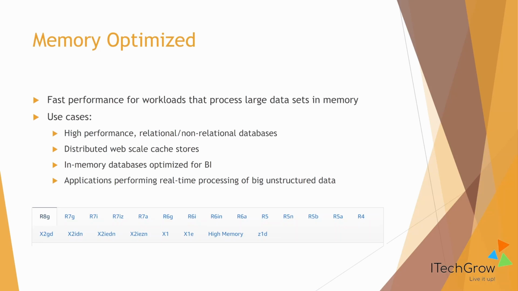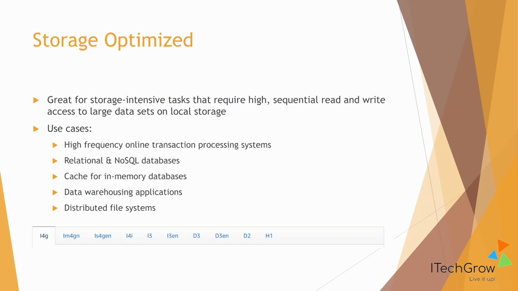For example, when we are using high performance relational and non-relational databases, we should use memory optimized. Also distributed web scale cache stores, in-memory databases optimized for BI, and applications performing real-time processing of big unstructured data. In these kinds of situations you can use memory optimized.